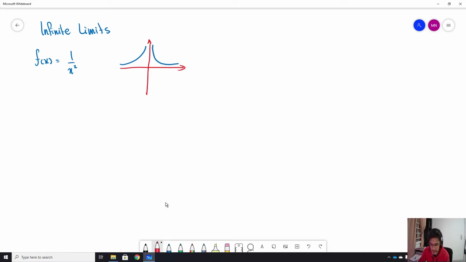We can see that f(x) becomes very large as x approaches 0 from both sides. As x approaches 0, the function becomes very large, so it is going towards infinity.